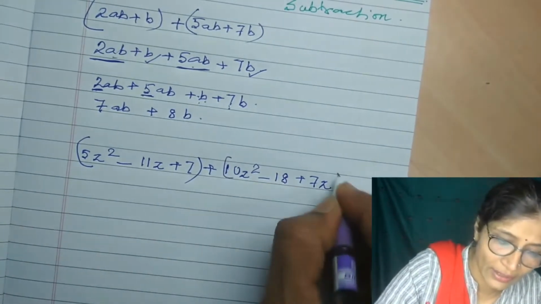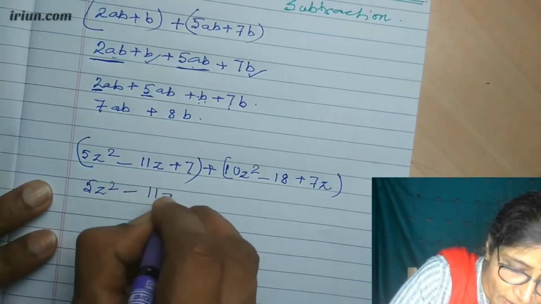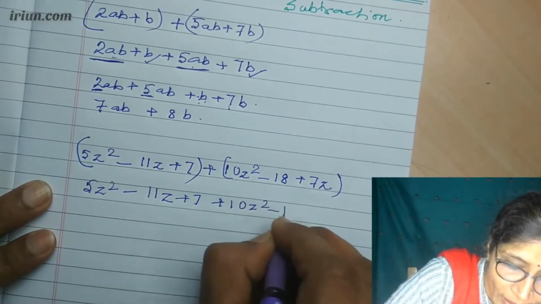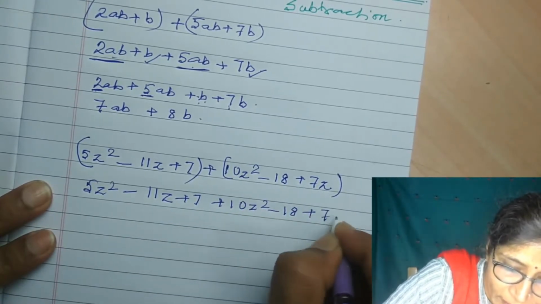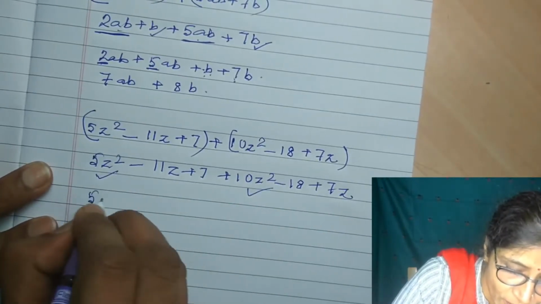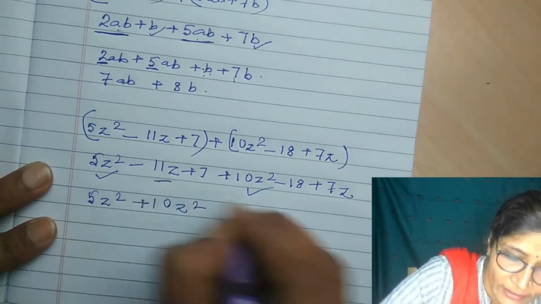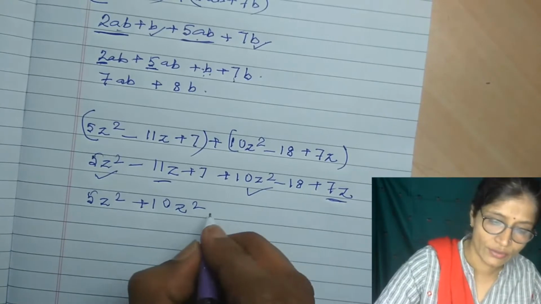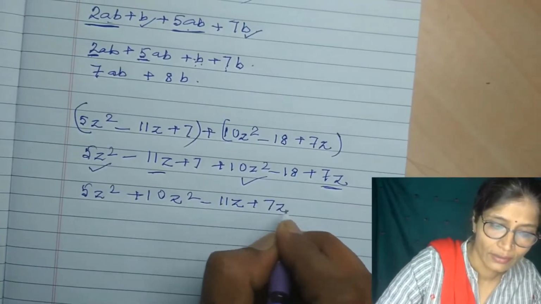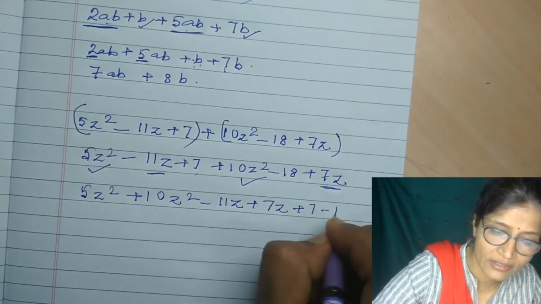Again I have to collect the like terms. First I open this: 5z square minus 11z plus 7 plus 10z square minus 18 plus 7z. Now z square is here, z square is here. So first I write 5z square plus 10z square. Now this z and this again z, so minus 11z plus 7z. Next is 7 and this is 18, so plus 7 minus 18.